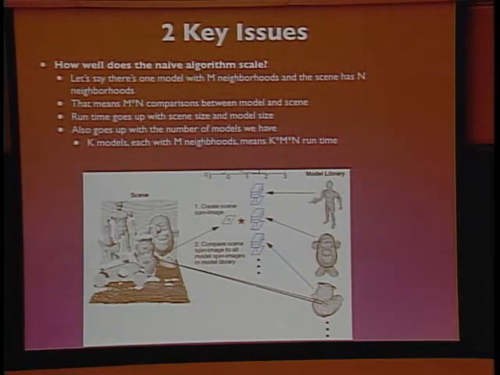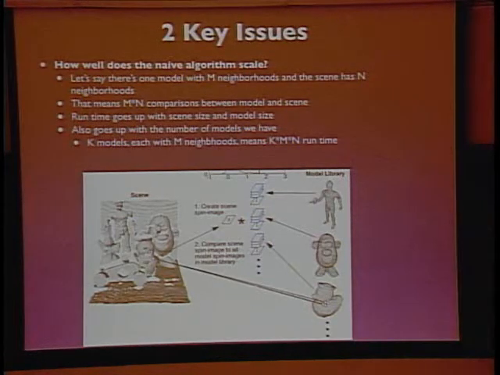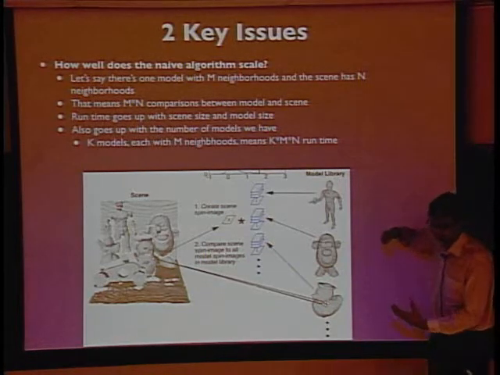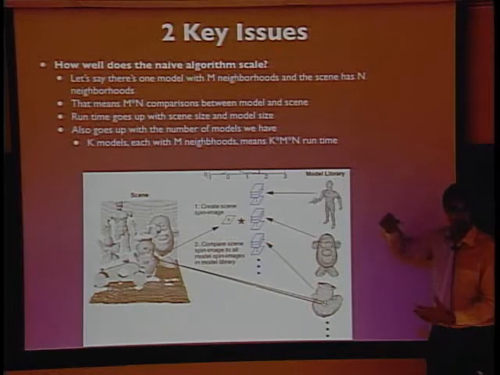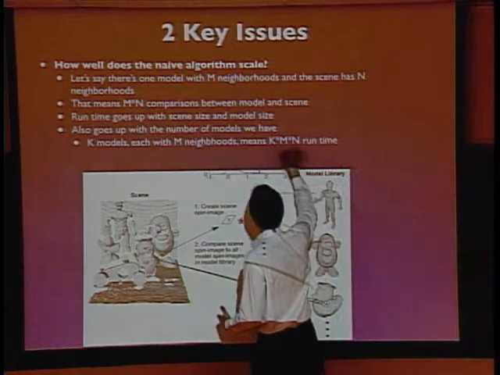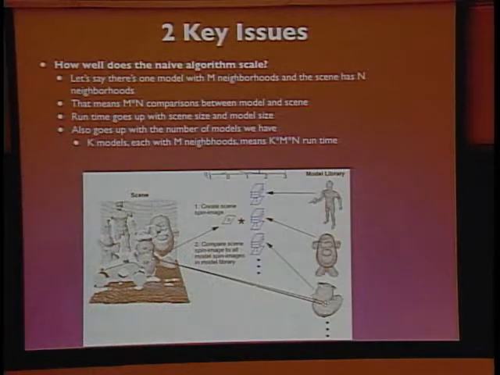So this has an n squared kind of growth going on, where if there are n over here and n over there, it's n squared comparisons. And by the way, going back to the idea that we should be able to grow our library to have larger and larger numbers of models in it, if there are k models, then you multiply that number of comparisons by k. So it's starting to smell like an n cubed kind of computational complexity, which is not so great. It grows polynomially.